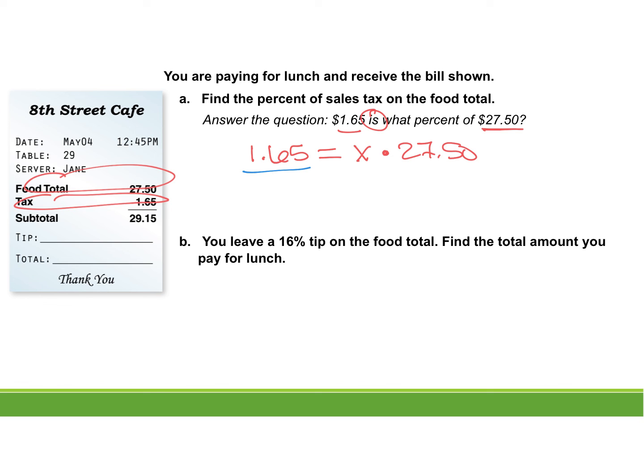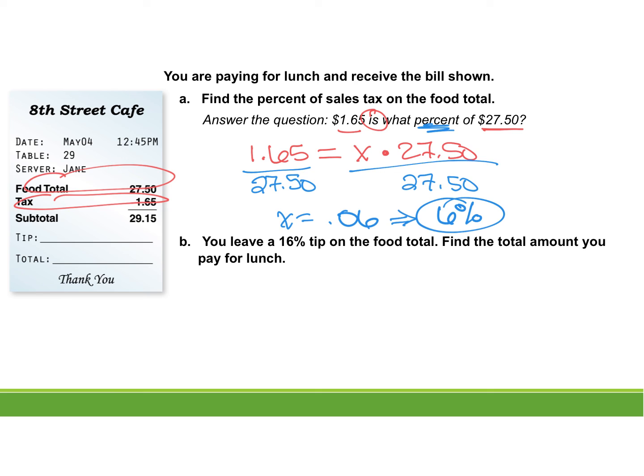I'm going to divide both sides by $27.50, and I can see that x equals 0.06. Now the question says what percent, so that means I have to convert that 0.06 over into a percentage, which tells me then that the sales tax is 6%.